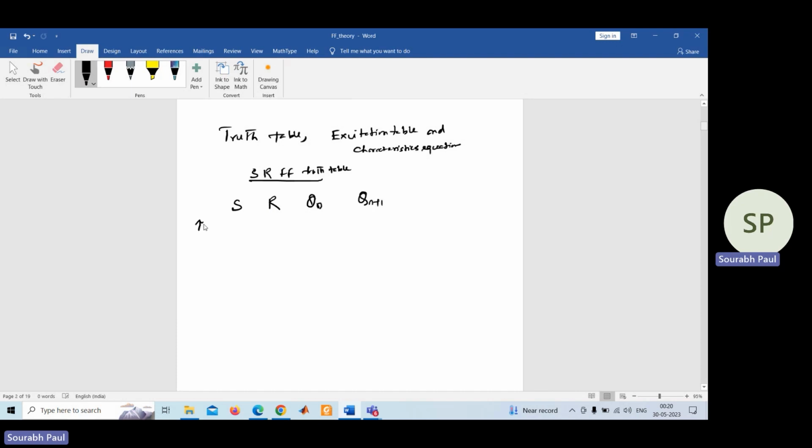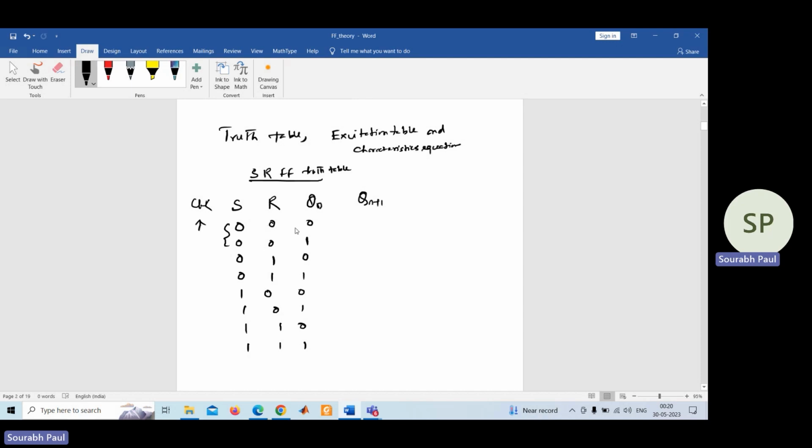And every time you need to consider clock. Okay. So make the three variable combination: 0, 0, 0, 0, 0, 1, 0, 1, 0, 0, 1, 1, sorry, 1, 0, 0, 1, 0, 1, 1, 1, 0, 1, 1, 1.